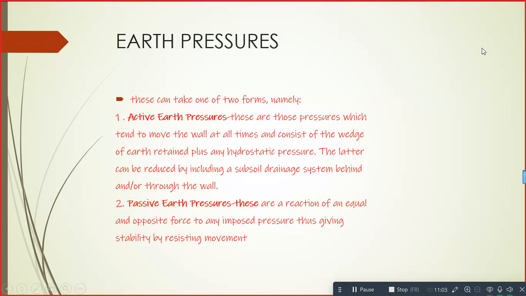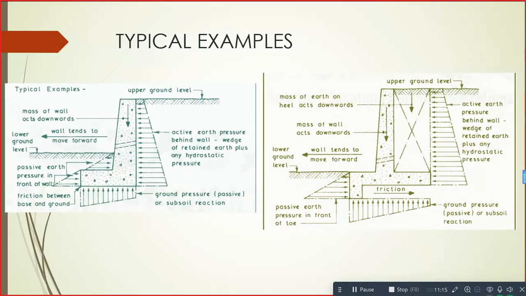Thank you, Amos, for leading us in that. To have the active earth pressures and the passive earth pressures, just from the words active and passive, we can see we have the typical examples of the earth pressures.